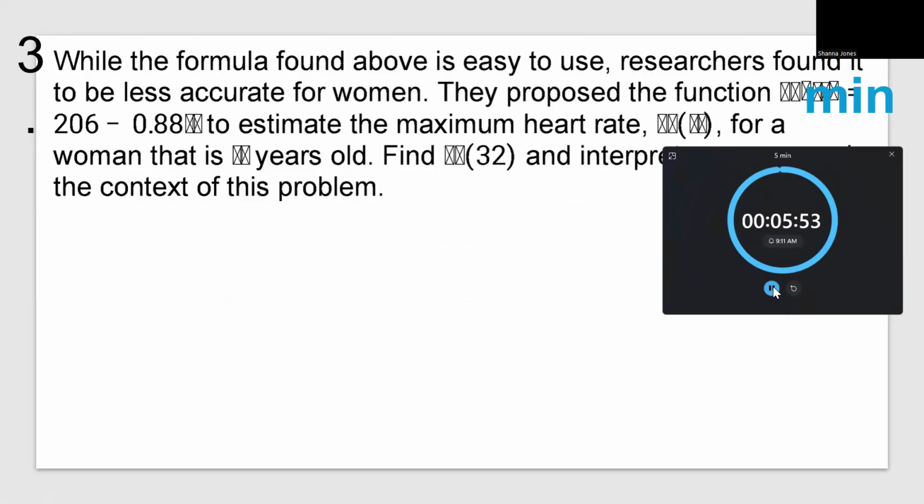Oh, on the last one. Oh, wow. Oh, wait, this is this one. Oh.